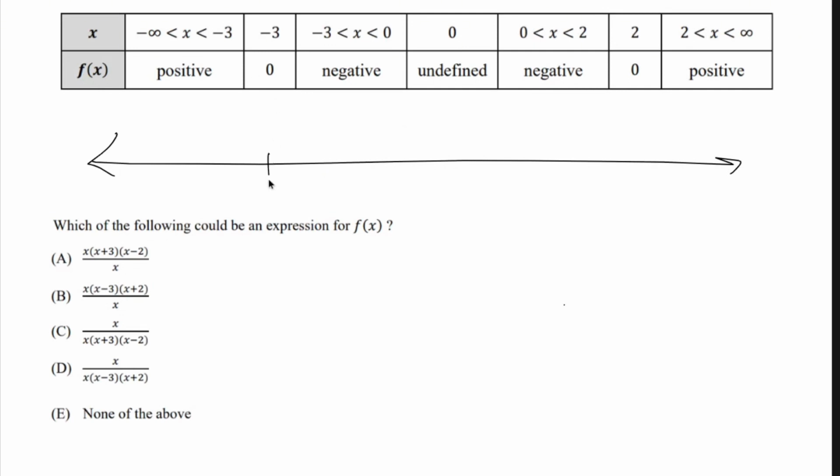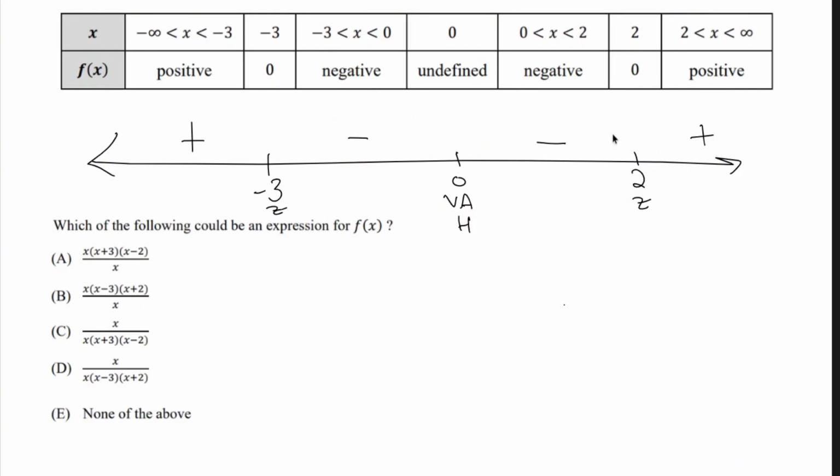Looks like at -3 here we get a 0. Looks like at 0 here we get undefined, which implies either a hole or a vertical asymptote. I guess we'll find out. I don't know if it even matters. At 2 here it's a 0. We are at positive, negative, negative, positive.